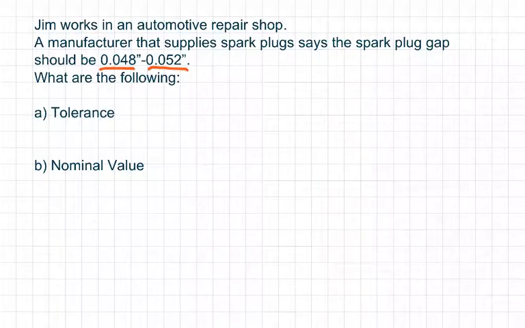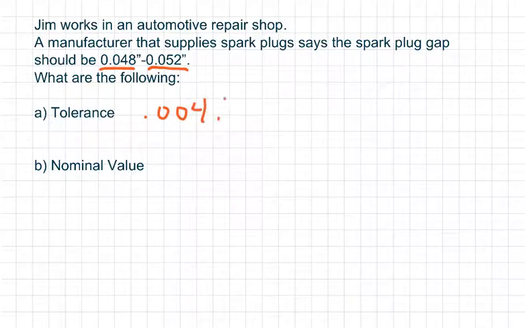So the difference between max and min, so when I subtract those two, I get a difference of 0.004 inches. And the nominal value, the easiest way to think about your nominal value is the middle of your min and max. Now, it's not always that way, okay, because sometimes people can accept, like I said about shoe size.